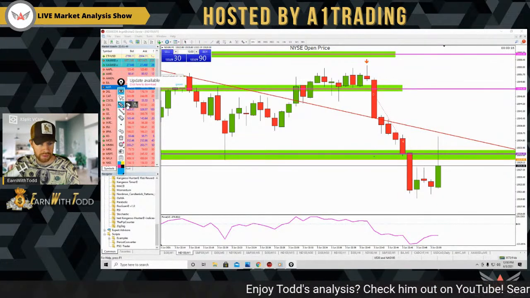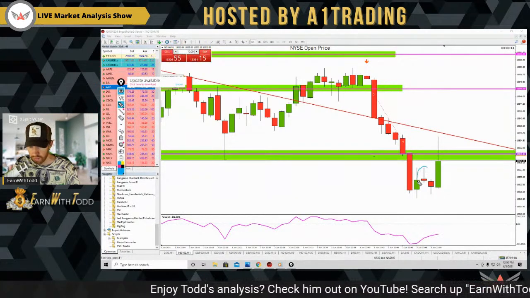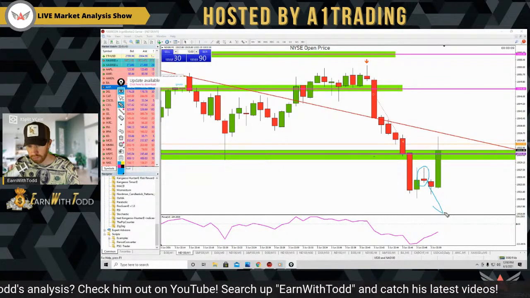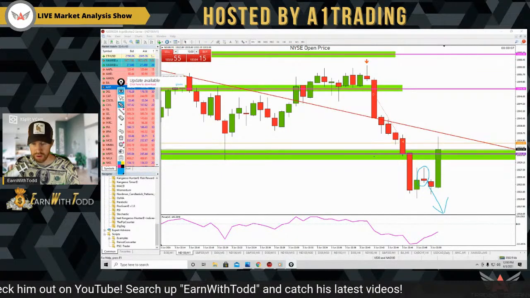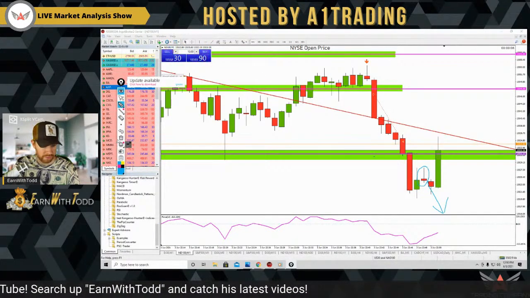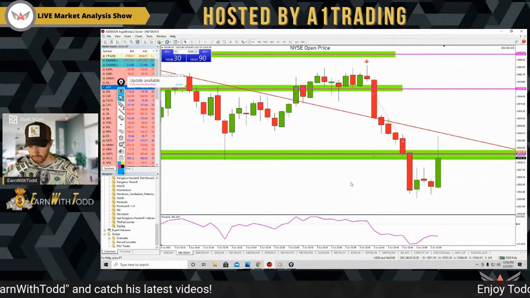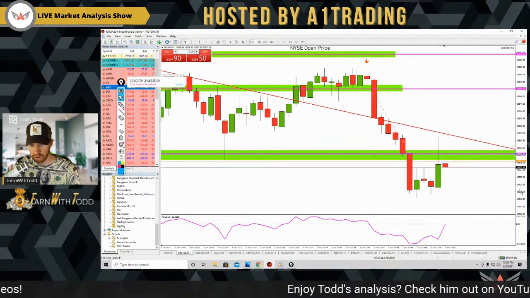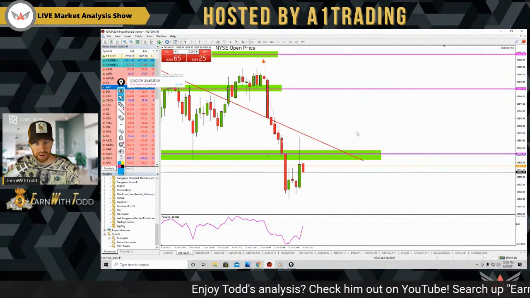But this candle here, sometimes when you see a candle like this, it will just keep dropping. So that's why I didn't hesitate on that entry. You can't be afraid to lose instantly, especially when you're trading on 1 minute. And we're trying to get in and out.